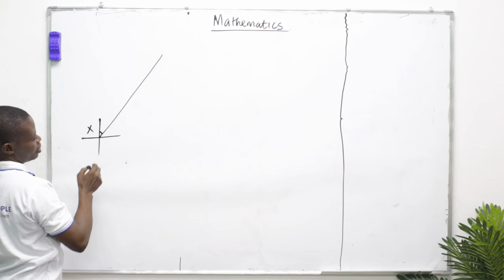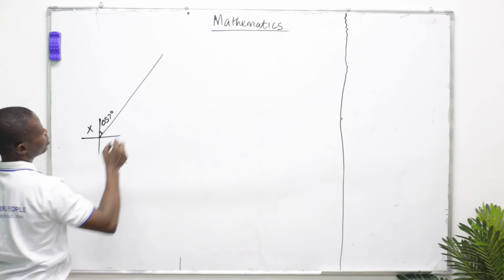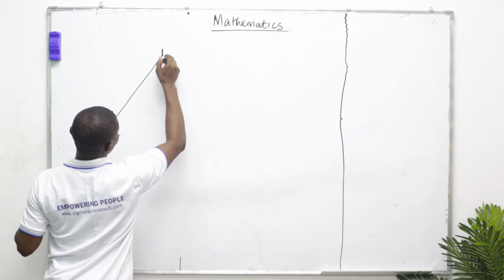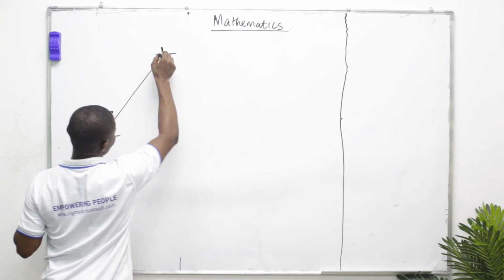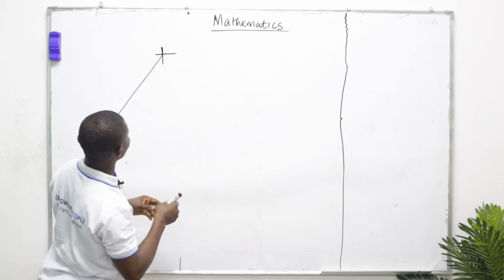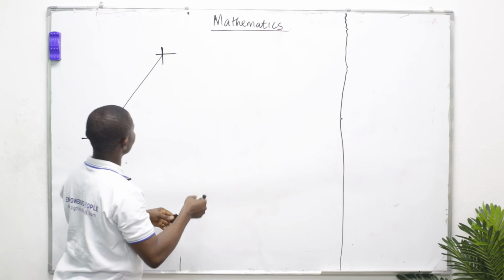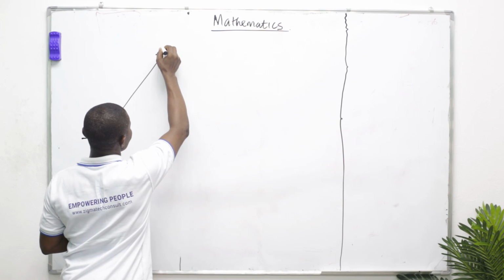Chief X, 057 degrees. As this is moving, it's going to enter the first quadrant. If you move this way, third quadrant.